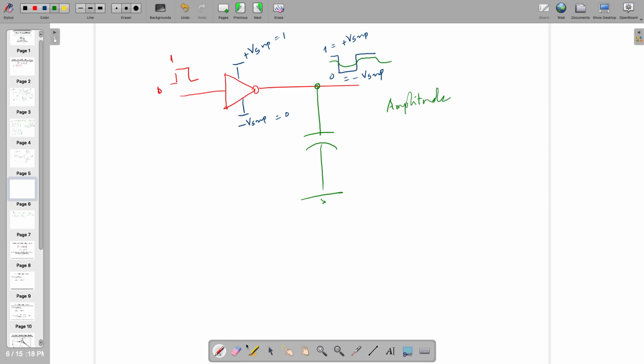But similarly, every path has some resistance, right? So let's call it path resistance, and this is the load capacitor. It might be coming from the next logic gate, which is deciding the fan out, right?